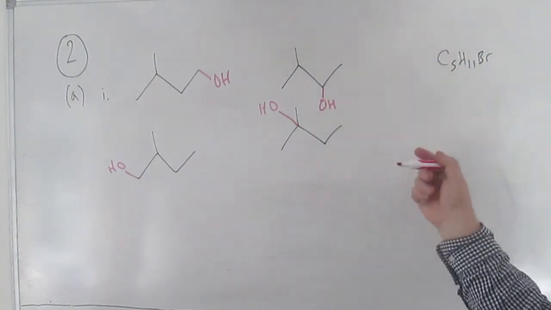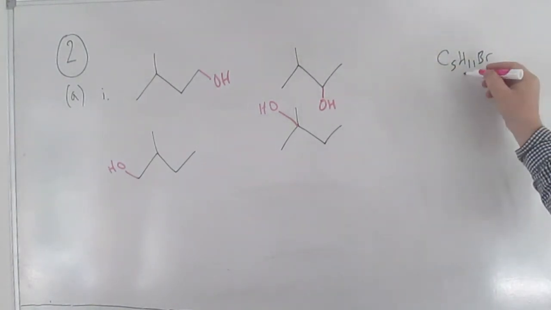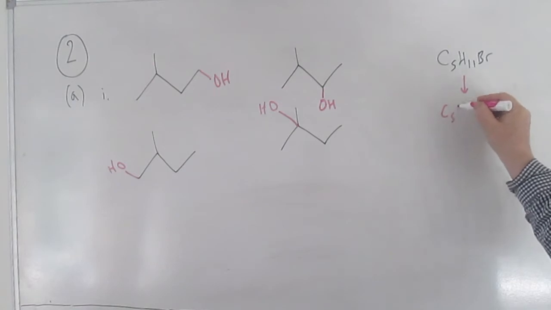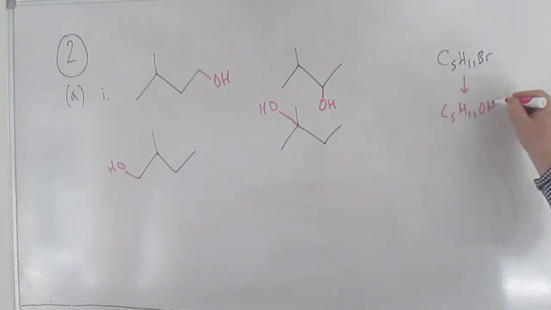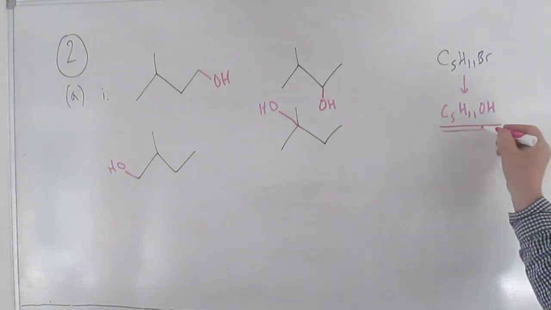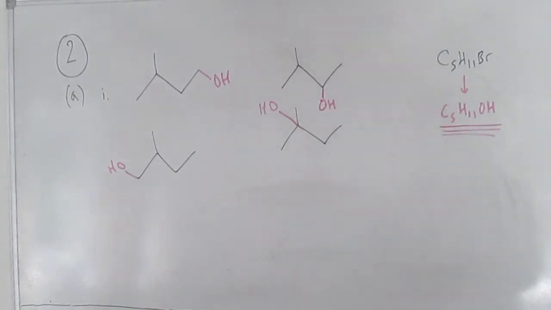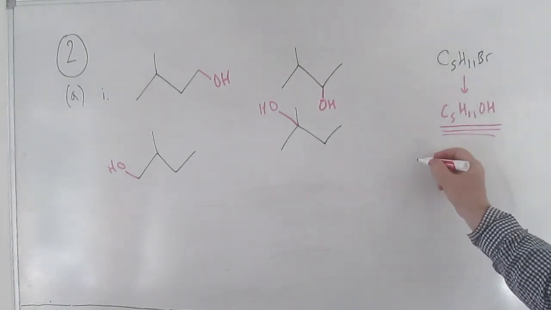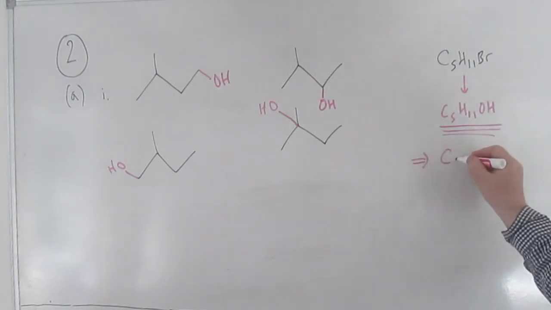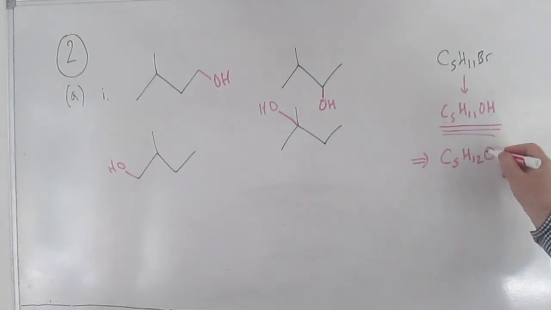So we started with C5H11Br, so now we're going to have C5H11OH. But this is the classic thing that they try to trip you up with. That is not the molecular formula, because in the molecular formula all the atoms of each element are lumped together, so that hydrogen has to be added into that one. So C5H12O is the molecular formula.